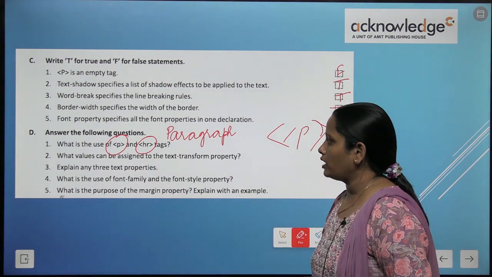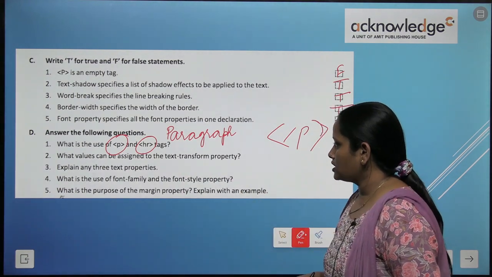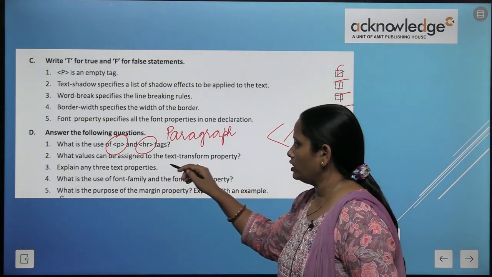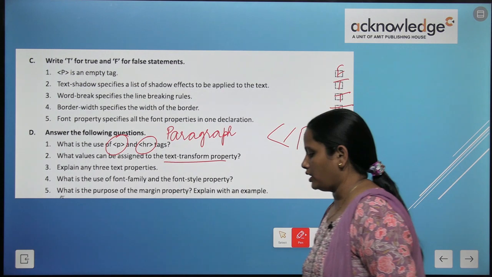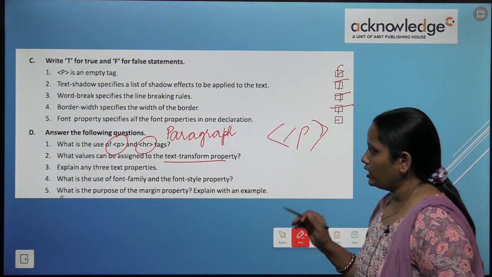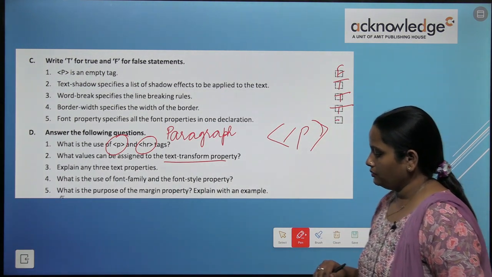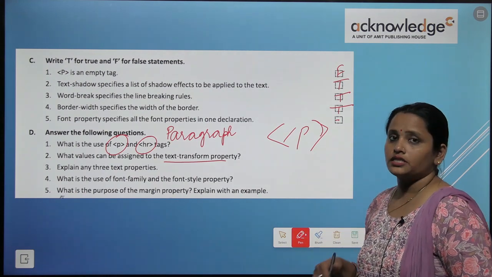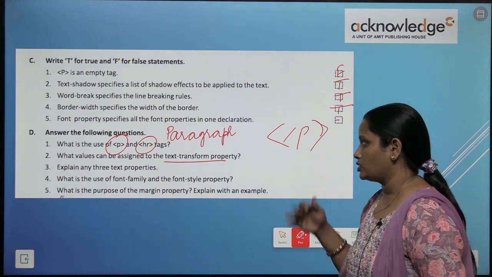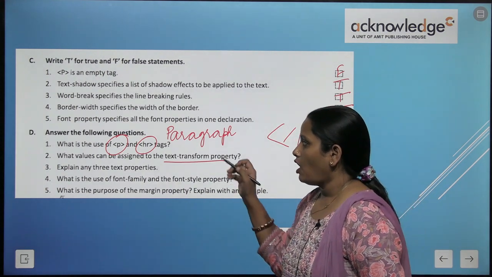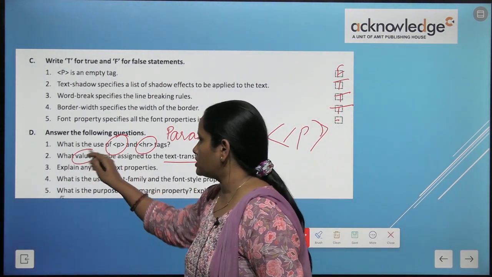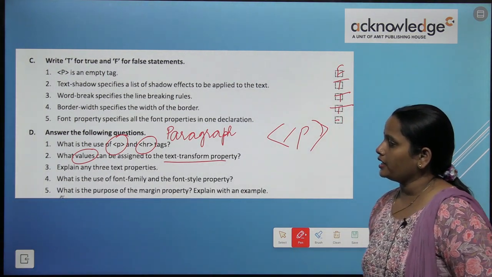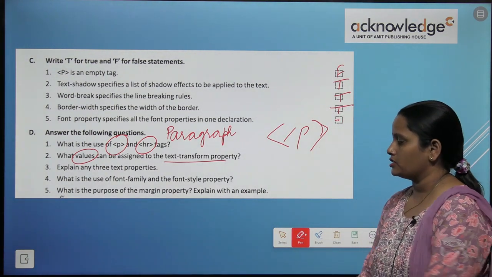Next is, what values can be assigned in the text transform property? So in the text transform property, the values that can be assigned are none, capitalize, uppercase and lowercase. So these are the four values that can be assigned in the text transform property. Now explain any three text properties.